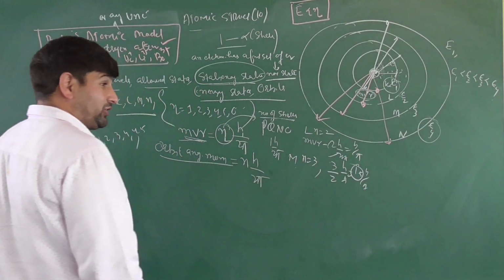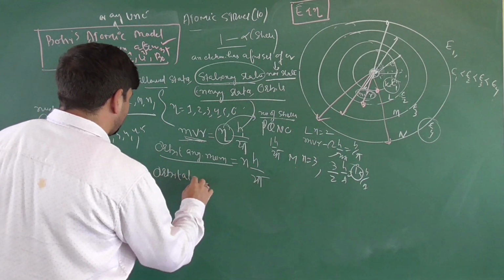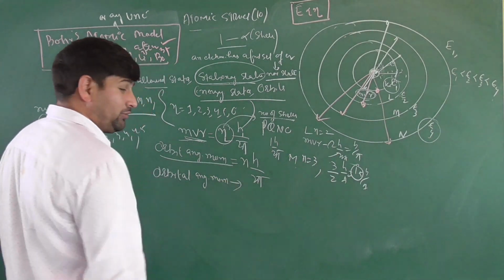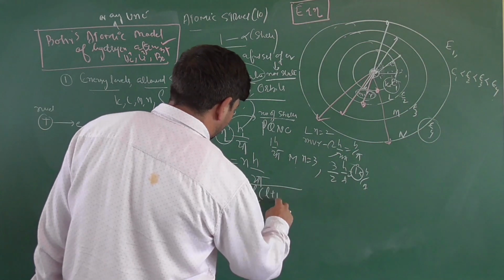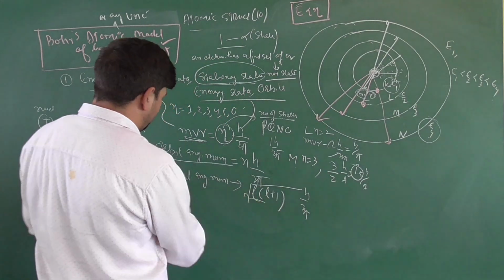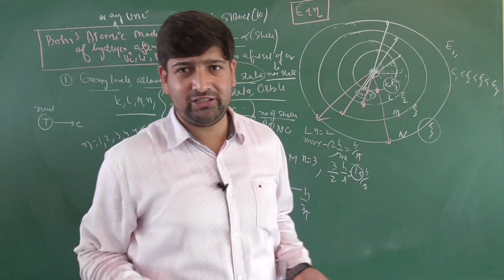And one more thing I said on that day: what did I mention about orbital angular momentum? It is root of L into L plus 1 times h by 2 pi, dependent upon the azimuthal quantum number, not the principal quantum number. I mentioned that clearly.